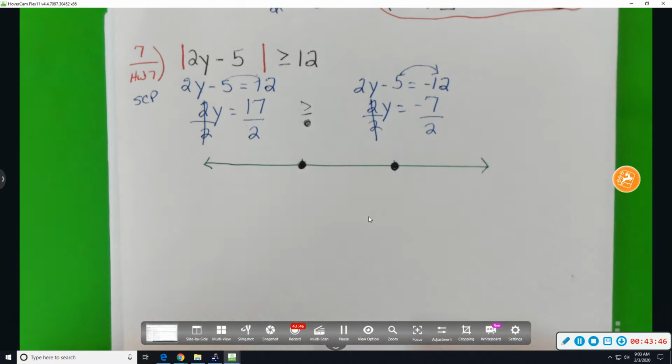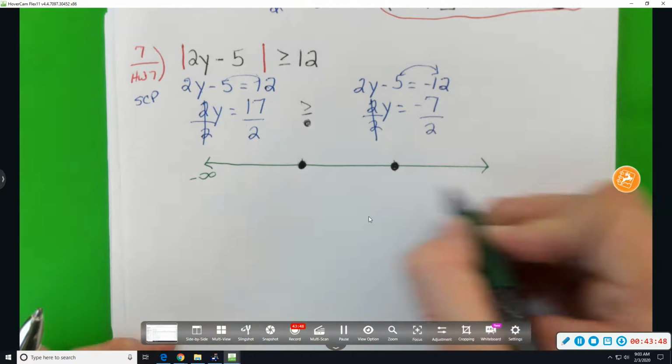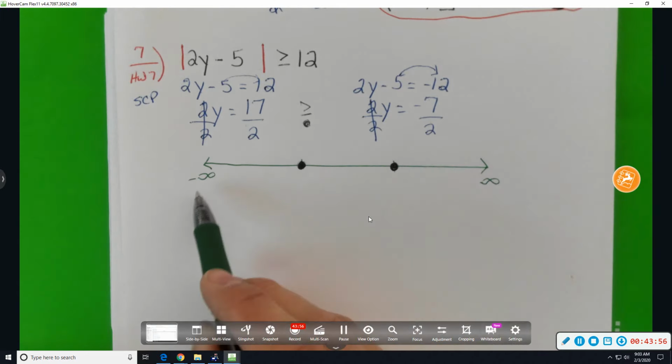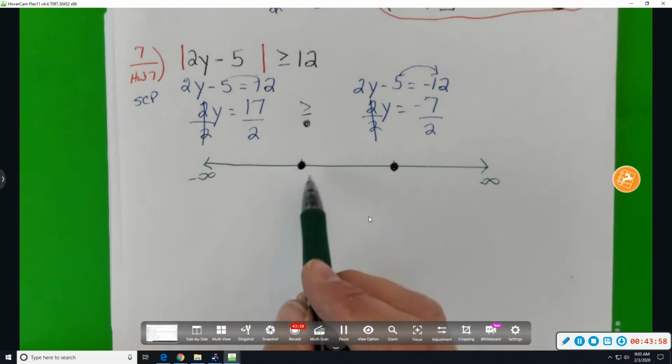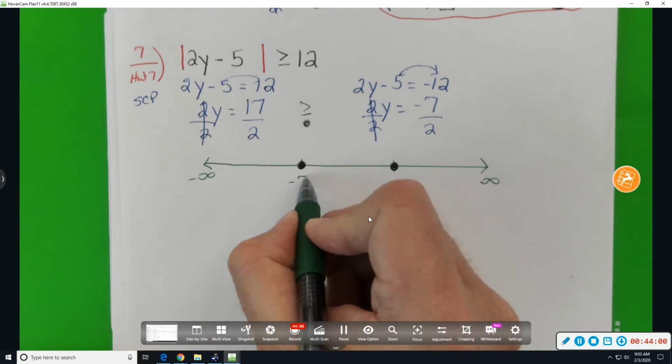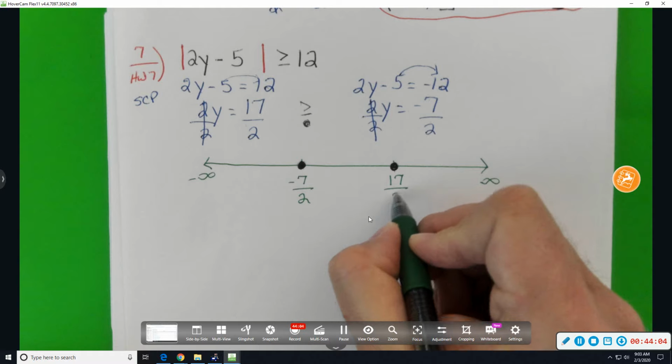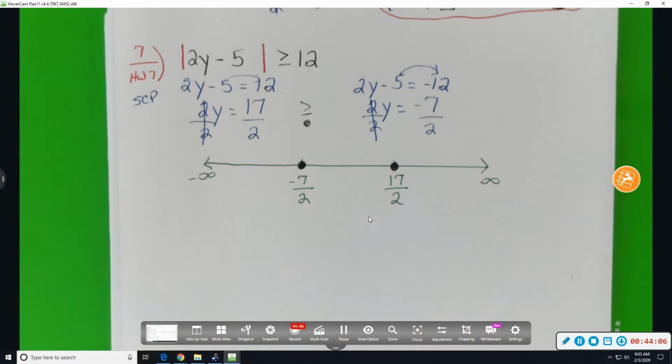Oh, let me go ahead and label the infinities. And let's see, make sure you're labeling these numbers in numerical order. Which one should be closer to the negative infinity I just wrote? Negative 7 over 2. And right here, positive 17 over 2.